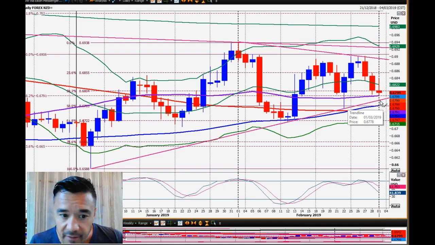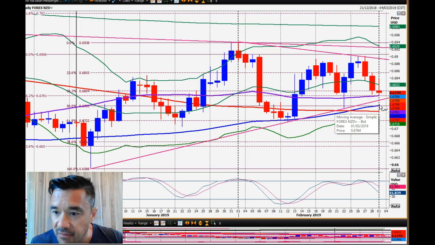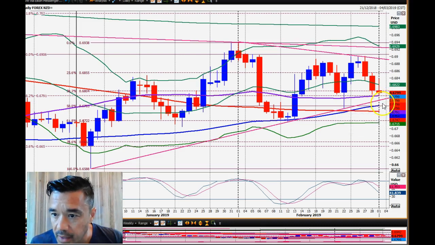On the downside, we have a trend line going back to the beginning of January at 67.80, 67.75. So maybe we could try a long. Well, actually, do you know what? A long in the 67.75, 67.65 area would probably be the trade to do. 10 pip range, get in there.